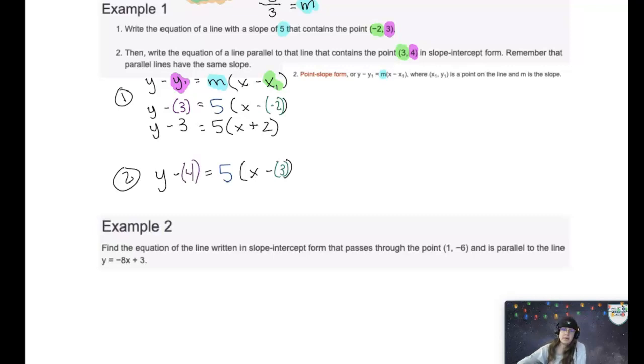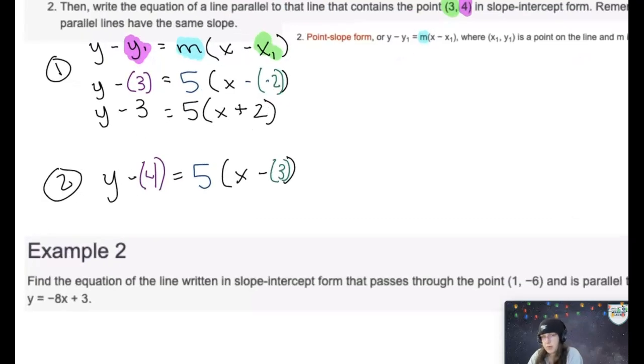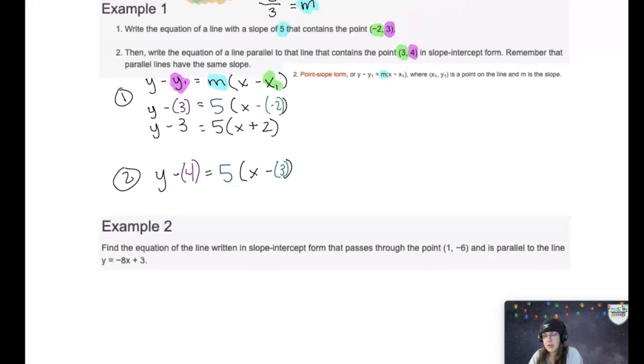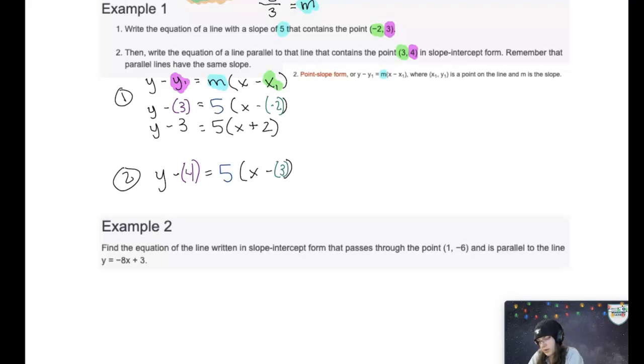So now, okay, we have this equation. So we're going to do this in black. So I have to change the color. So now we have the equation. Hang on, I got to do something really fast. There we go.